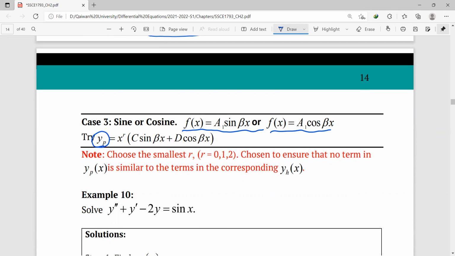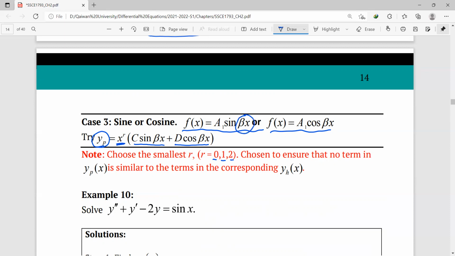But for yp, we say it equals x to the power r, where r starts from 0, 1, 2. If there is similarity between the chosen particular solution and the homogeneous solution, we change r, starting from 0. So x to the power r times c sine beta x plus d cosine beta x. Here, the angle is the same.